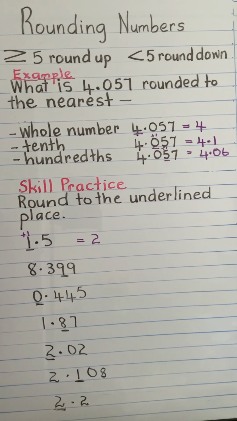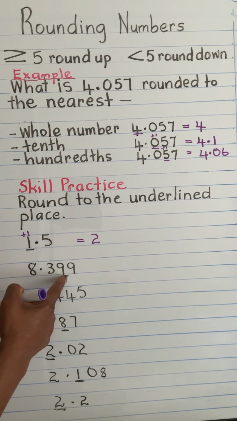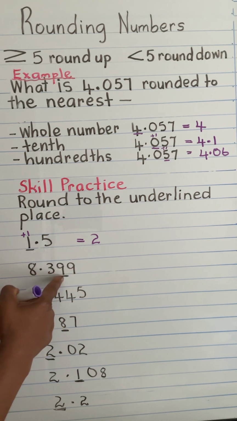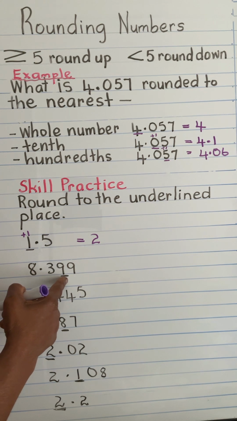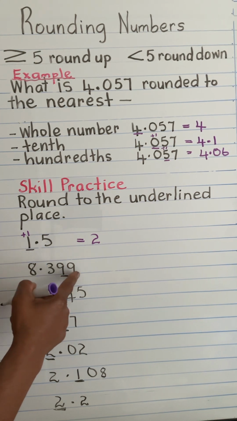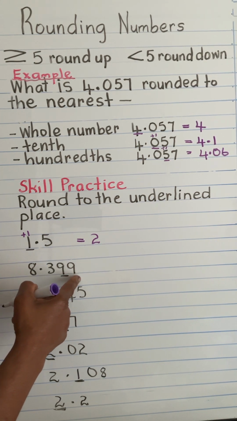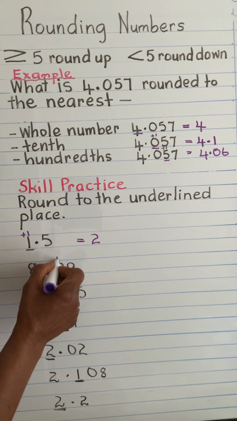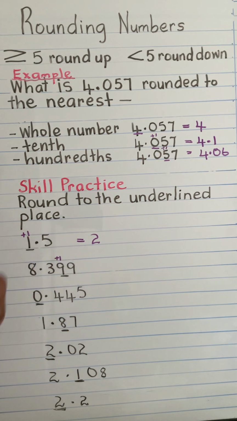Next, 8.399 to the nearest hundredth. So nearest hundredth, so 9 in the hundredth place is the rounding number. We look to the right and we see 9, which is more than 5, so we're going to add 1 to the rounding place.